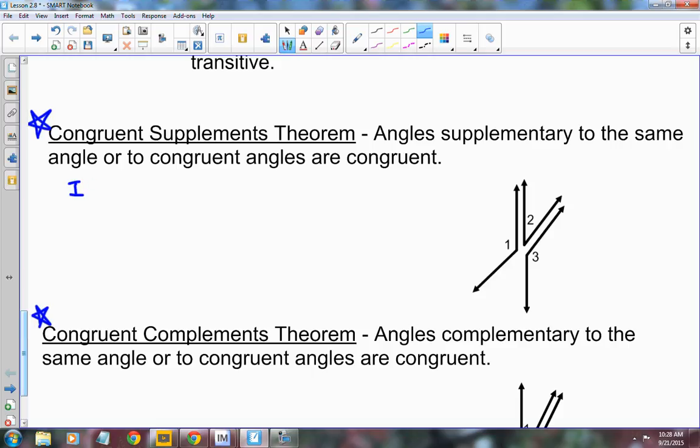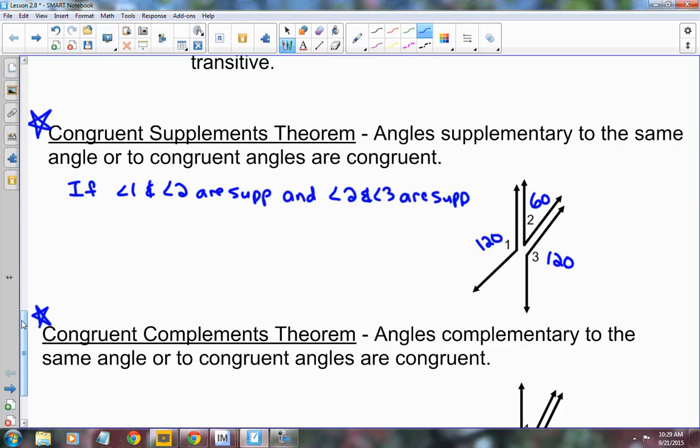For example, if angle 1 and angle 2 are supplementary, let's give them some values. Let's say this one's 60 and this one's 120. If angle 2 and angle 3 are supplementary, and 2 is already 60, 3 would have to be 120, right?